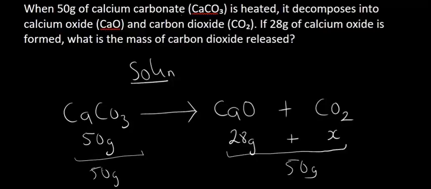We have 28 grams here, and the total here is supposed to be 50 grams. So it now becomes 50 minus 28. And that's going to give us 22 grams of CO2 being released.